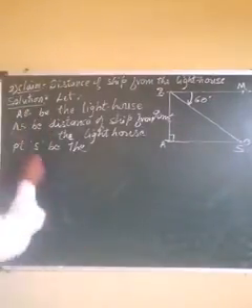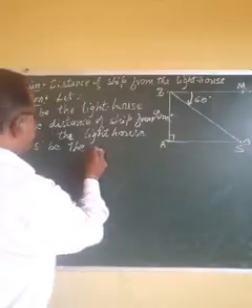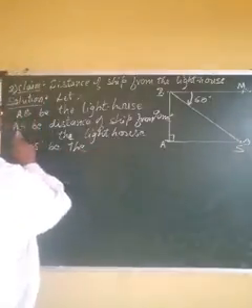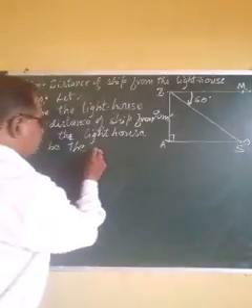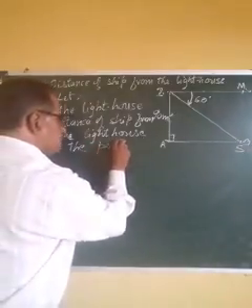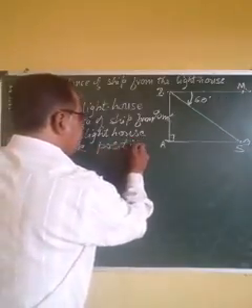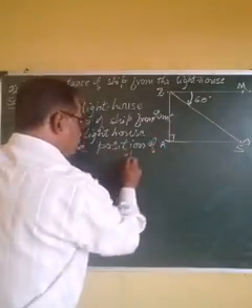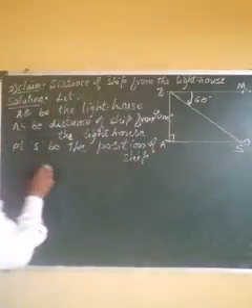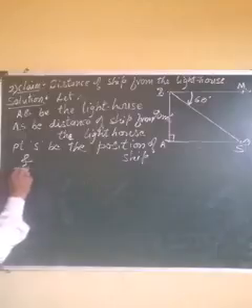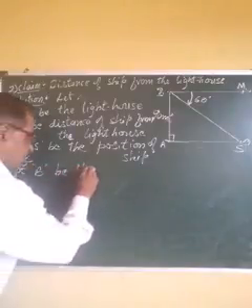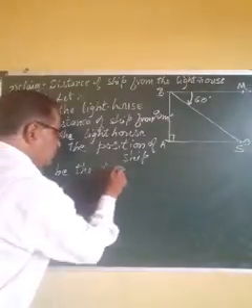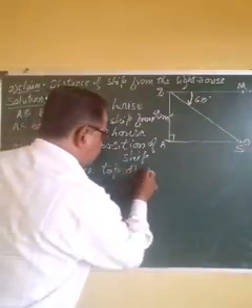So students, accordingly let AB be the lighthouse, AS be the distance of the ship from the lighthouse, point S be the position of the ship, and point B be the position of the top of the tower.